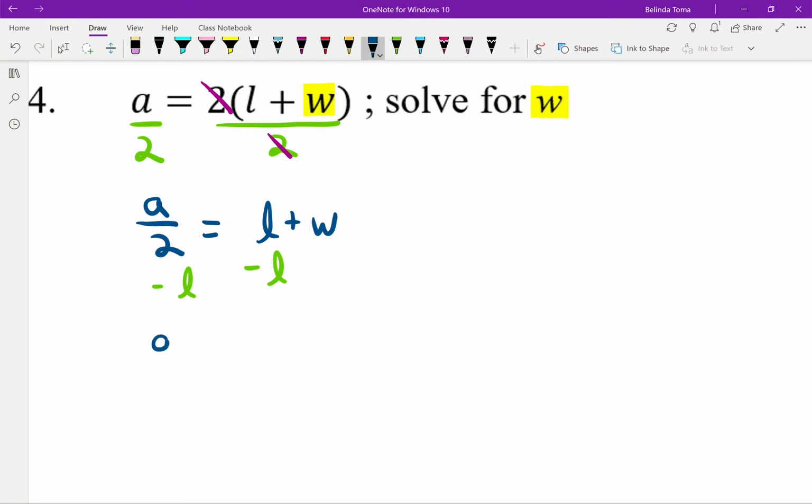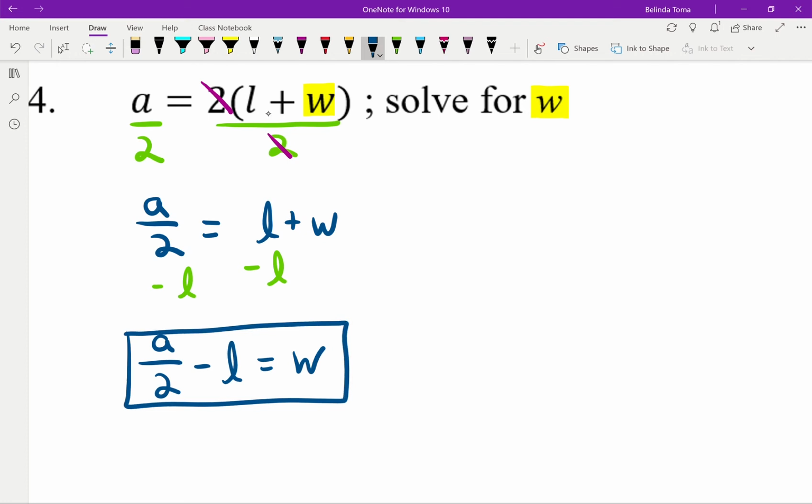So we would have A over 2 minus L is equal to W. Now if you distributed the 2, you would have gotten a different answer, but it would be equivalent. And so again, you can box that or you can rewrite it so the variable is on the left, but here notice we don't have a variable in the denominator, so I'm not listing any restrictions.